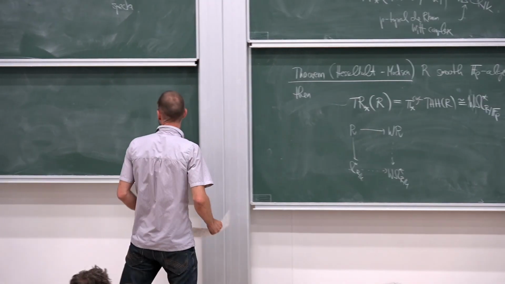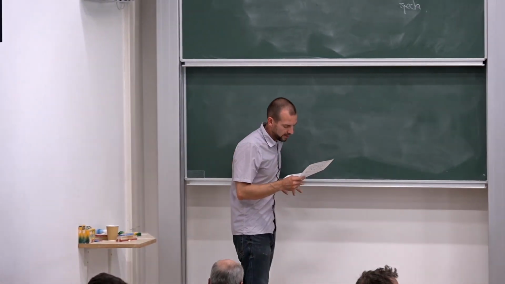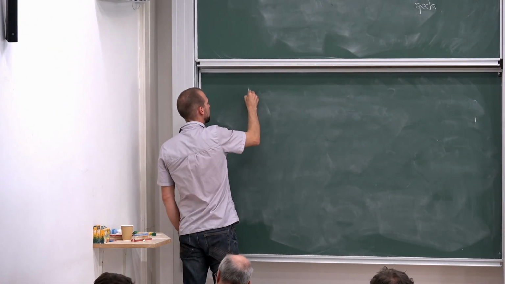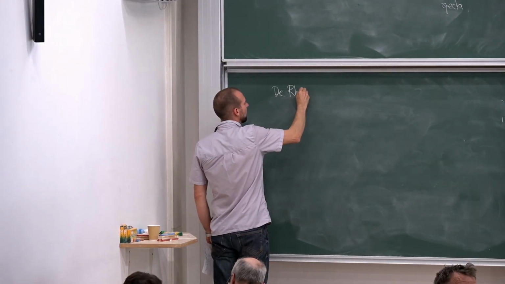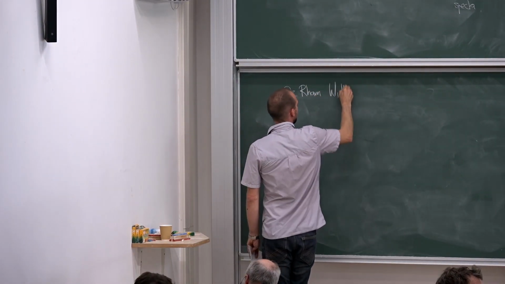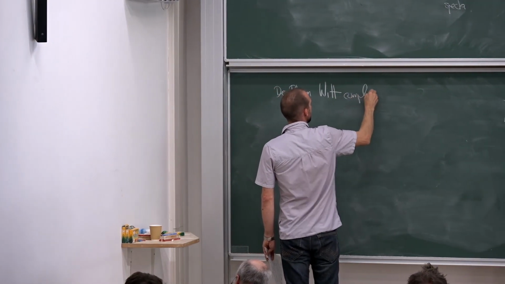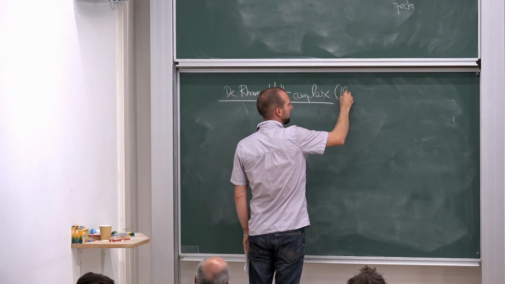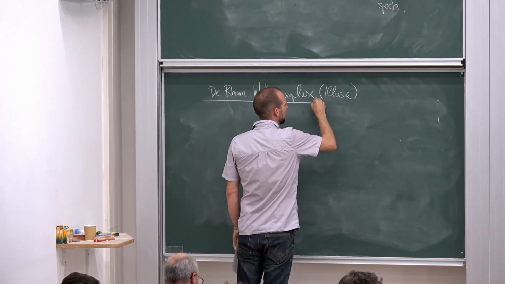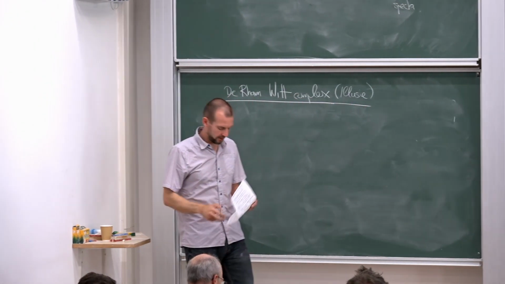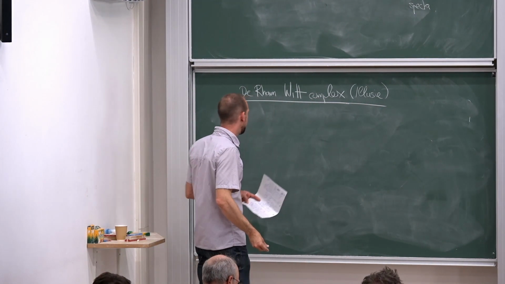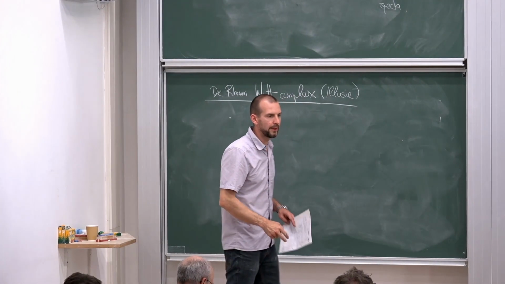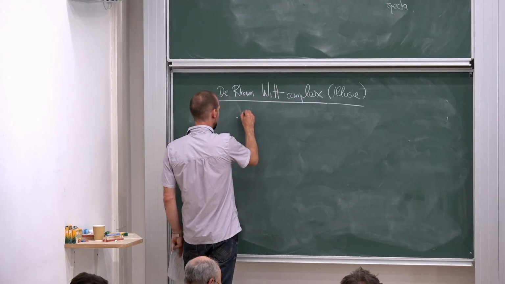Right, and so let me say a couple words about the de Rham-Witt complex. I think this was first introduced by Illusie over F_p, or perfect rings of characteristic p. And the same way that we define the de Rham complex as some initial thing, you can also define the de Rham-Witt complex as an initial thing.